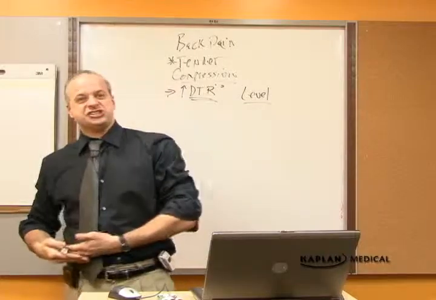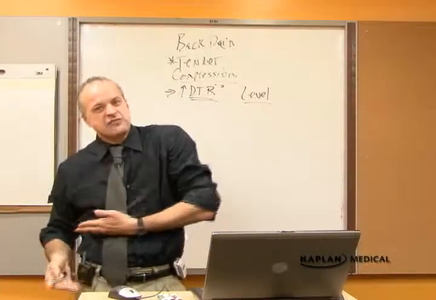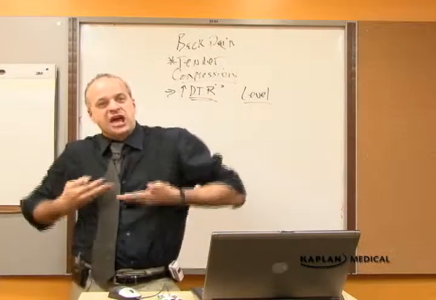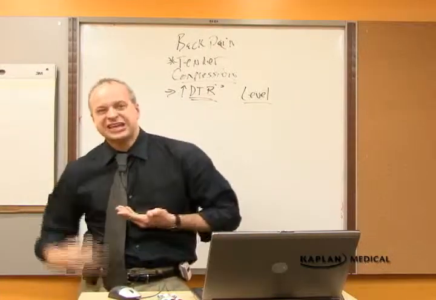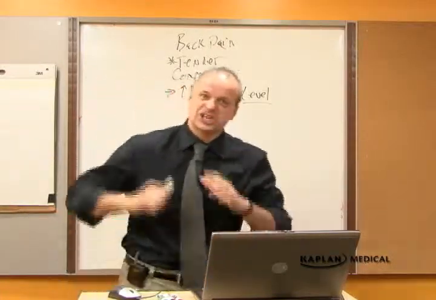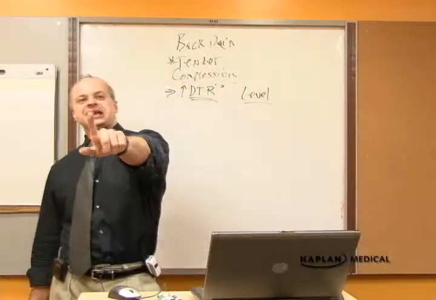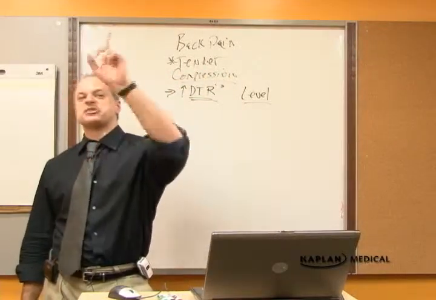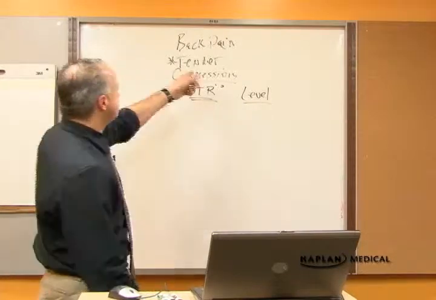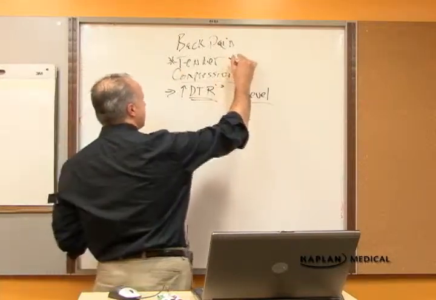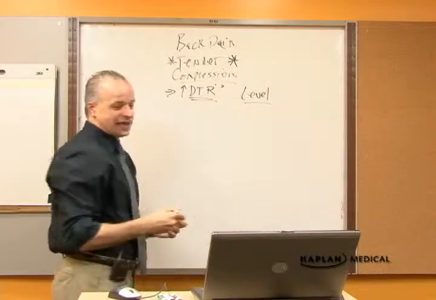The umbilicus is T10. You could have a sensory level, like your body has been cut with a knife and you feel nothing below it, or you feel less below it. Hyperreflexia, sensory level, incontinence sometimes, but the most important thing to tell you compression is spine tenderness.